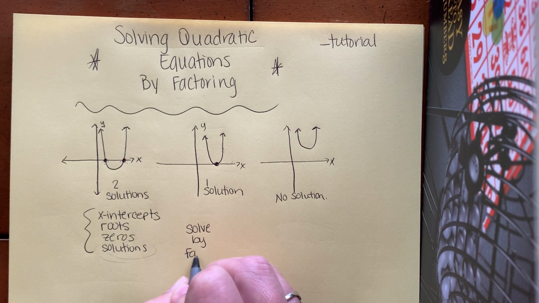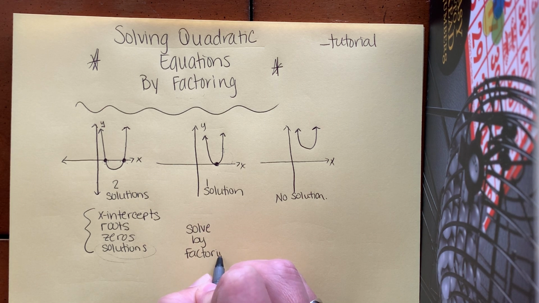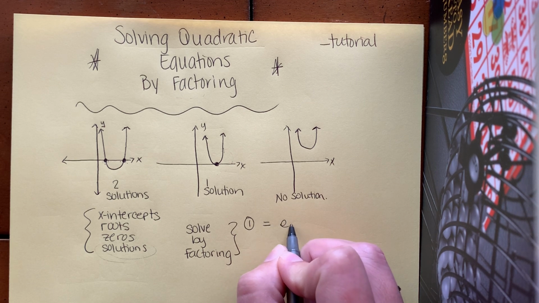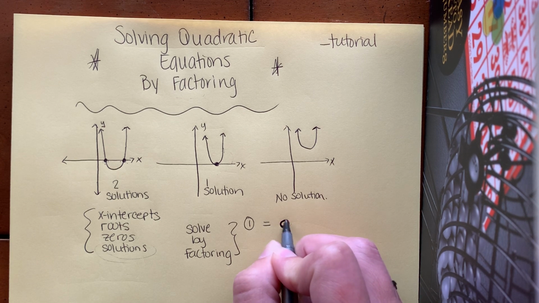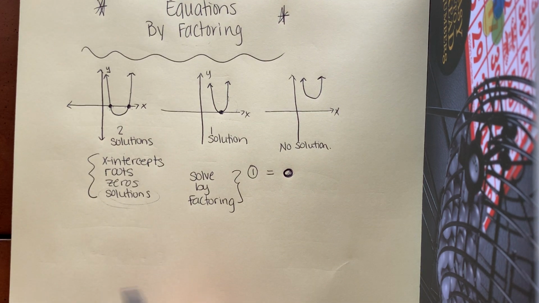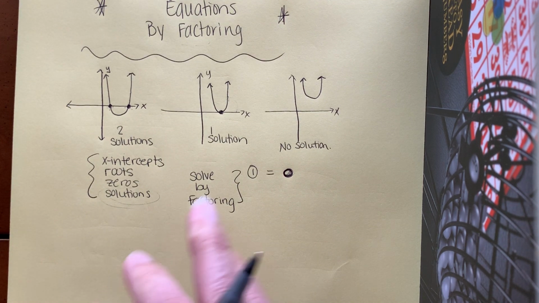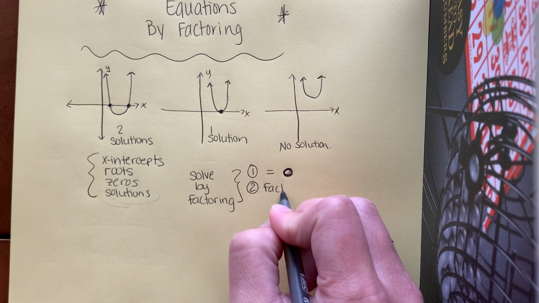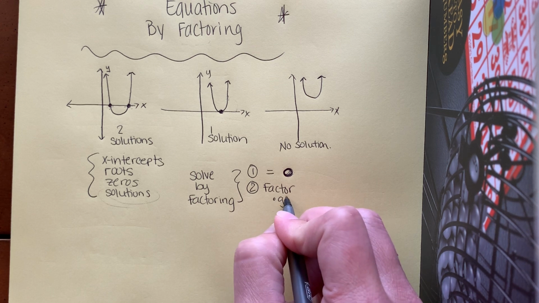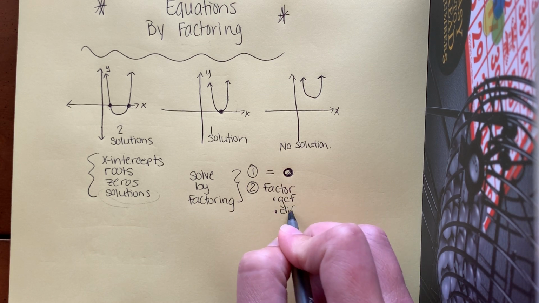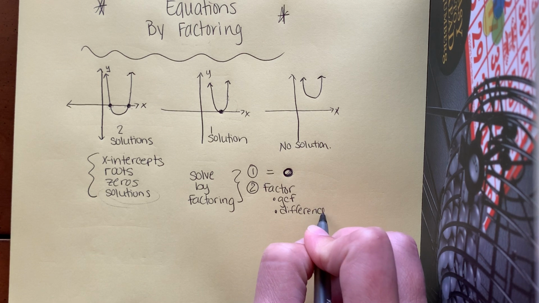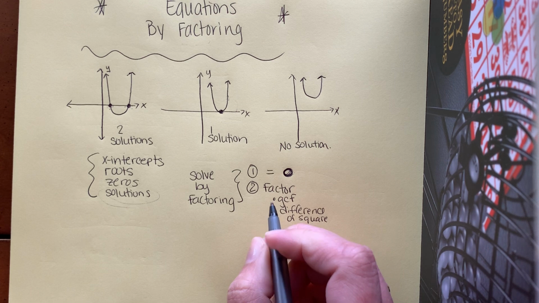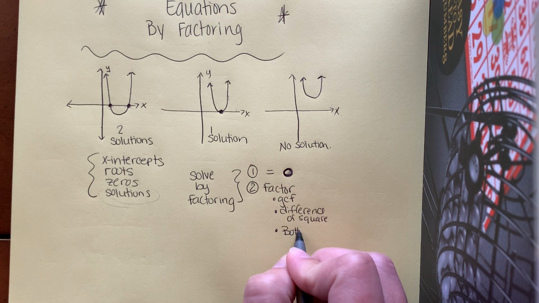So to solve by factoring, the first thing is you got to get the equation equal to 0. So put everything on one side, and put a 0 on that side by itself. Then you're going to factor. You can factor out the greatest common factor. You may have difference of squares, or you may just need to do bottoms up.